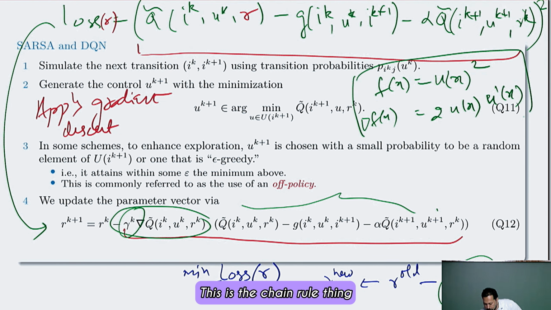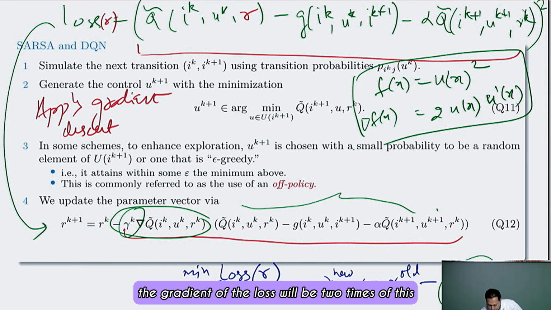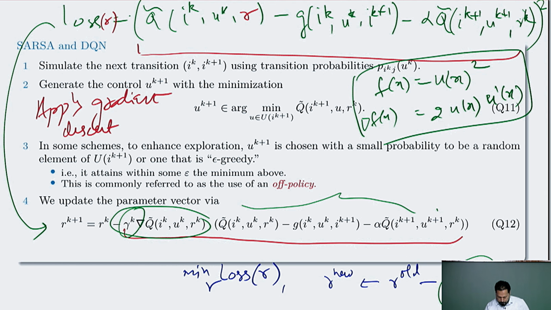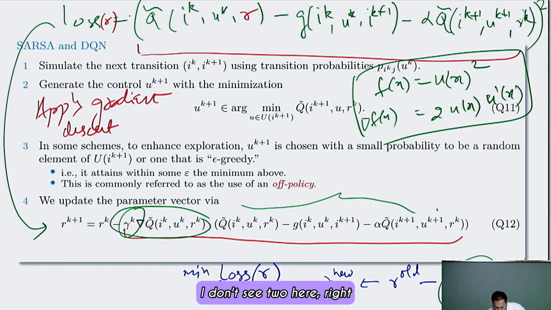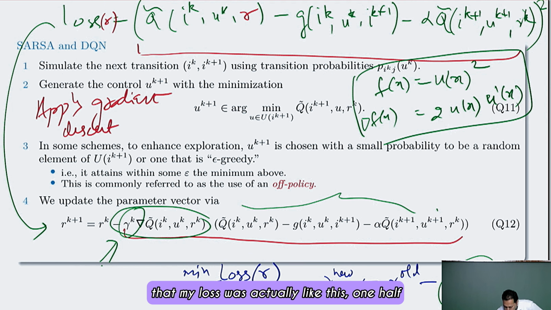This is the chain rule that will apply here. So the gradient of the loss will be 2 times this. Now you will say, I don't see 2 here, but that is a cosmetic thing. We can absorb the 2 in the gamma, or I can say that my loss was actually like this, with a 1/2.